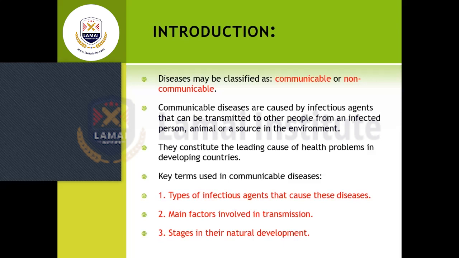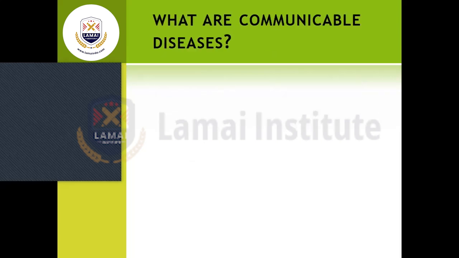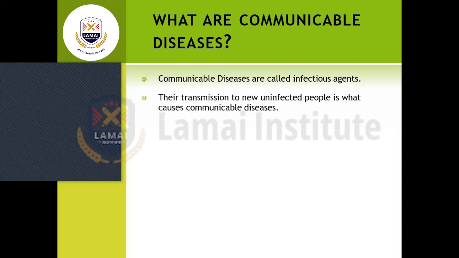Now, the other thing is looking at what communicable diseases are. Communicable diseases are normally caused by infectious agents. Their transmission to new uninfected people is what causes the communicable diseases.